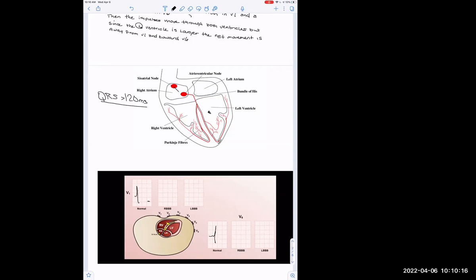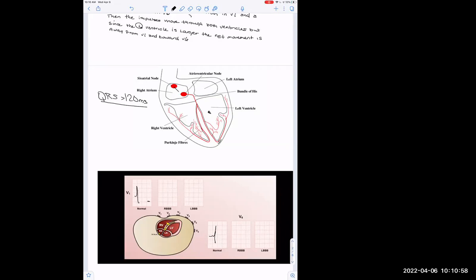So your QRS duration has to exceed 3 small boxes, or 120 milliseconds, or 0.12 seconds, however you want to say it, it's the same. But this criterion must be met. If your QRS is less than 120 milliseconds, we're not going to consider that a bundle branch block. That's more than likely a non-specific intraventricular conduction delay, which we'll get into in a little bit. So that's the first criterion that needs to be met: your QRS is greater than 120 milliseconds.